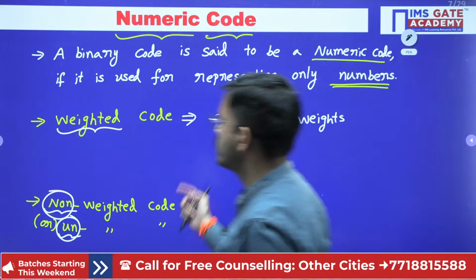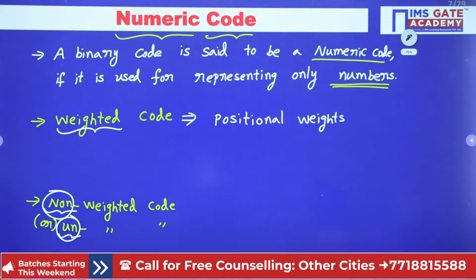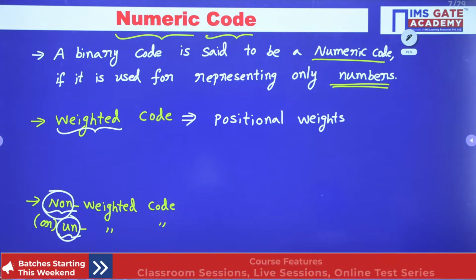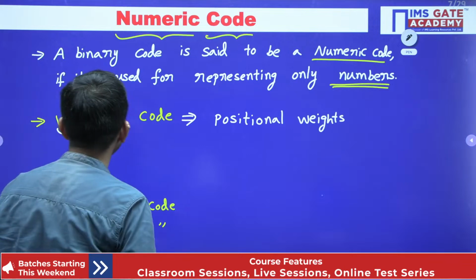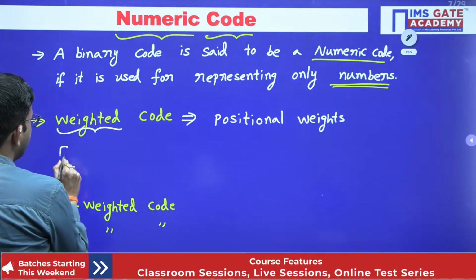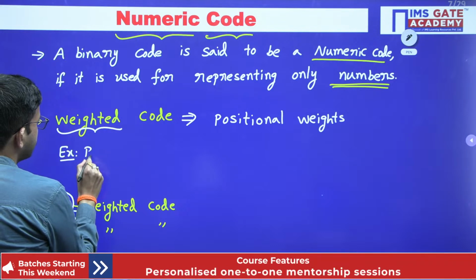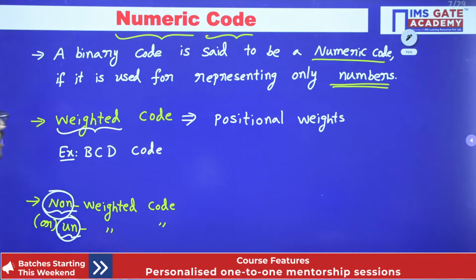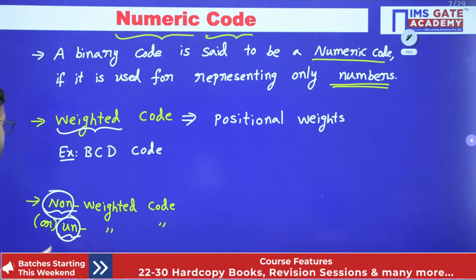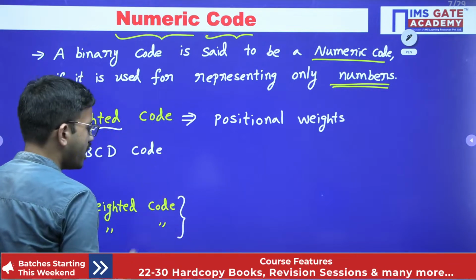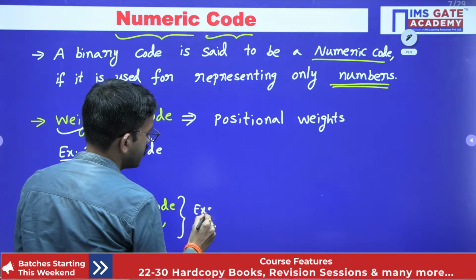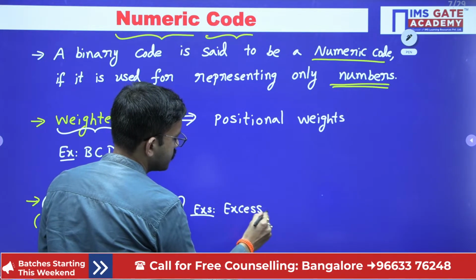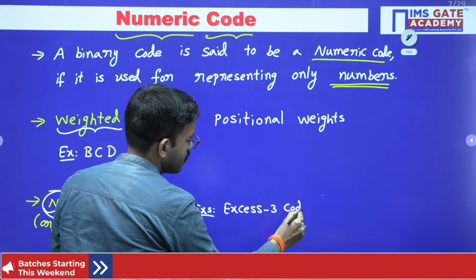Yes, BCD code is an example for weighted code, whereas examples for non-weighted or unweighted code are XS3 code and Gray code.